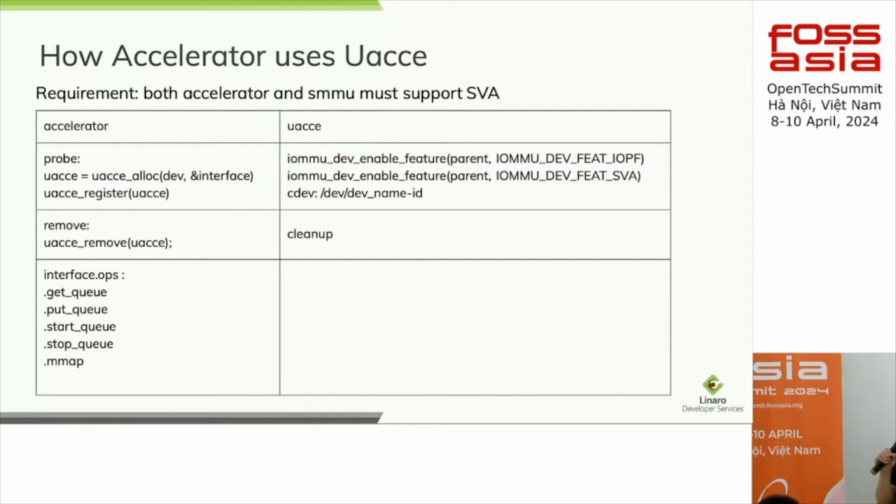And after that, it will provide a char device. So with that char device, the user application can access the accelerator. In the remove, it will do the UACCE remove. Also, it provides some ops when registering, like get queue, put queue, start queue, stop queue, and mmap.